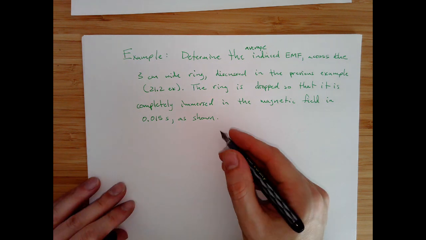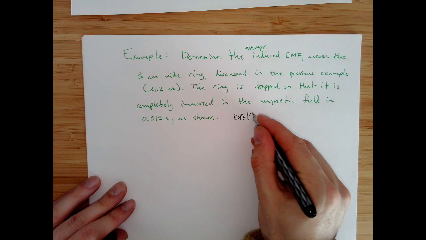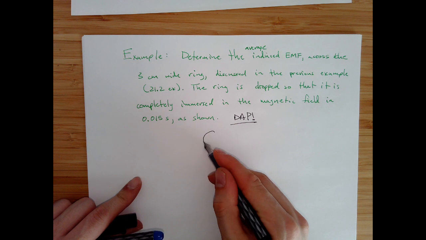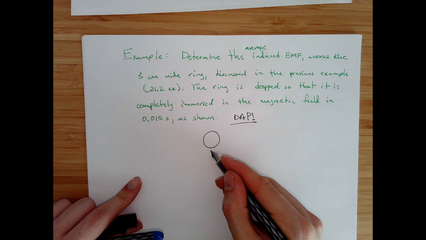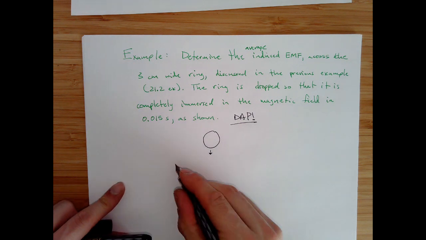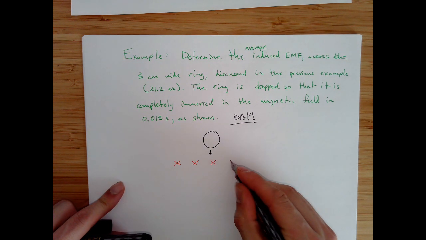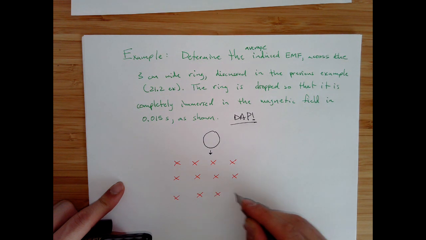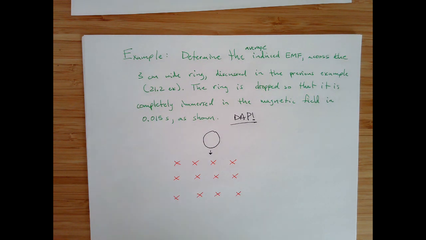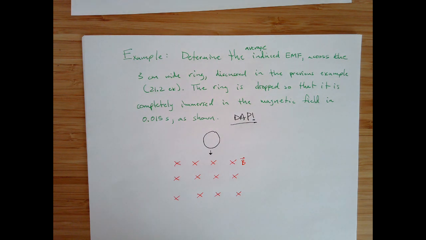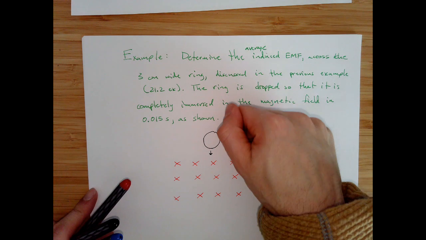So as promised, we need to draw a picture. And it's going to look very familiar. We'll have our ring being dropped downward into a uniform magnetic field. And so those B field lines are directed into the page, and our loop is being dropped downward through them.